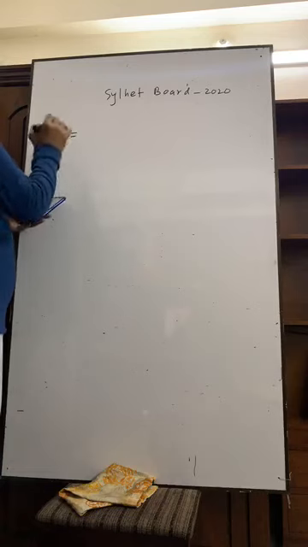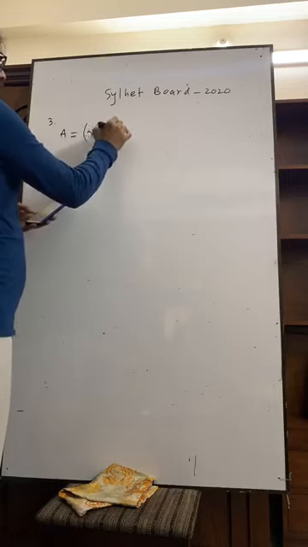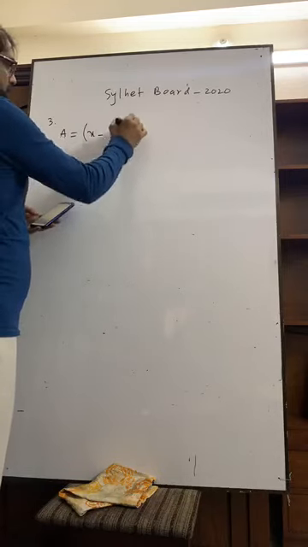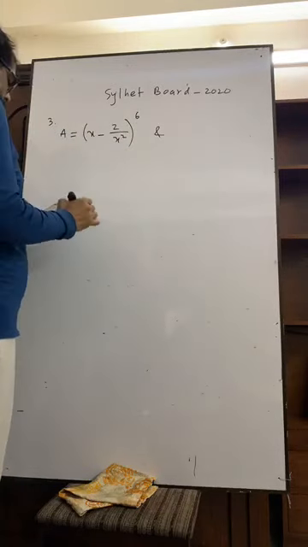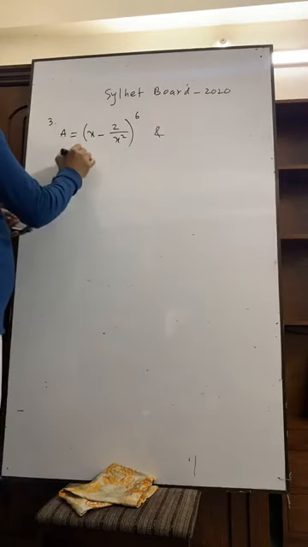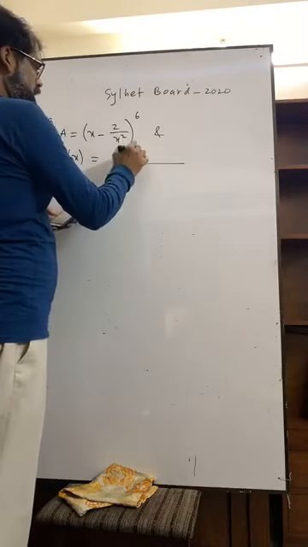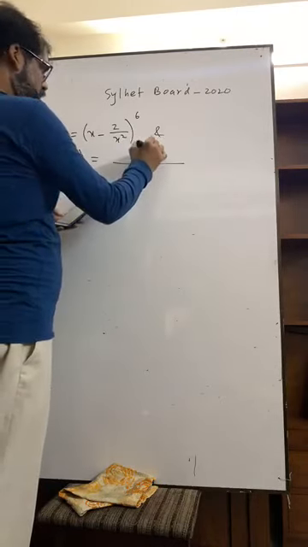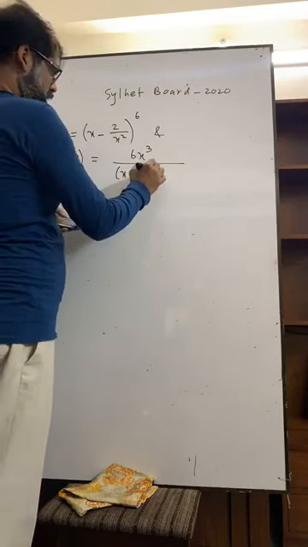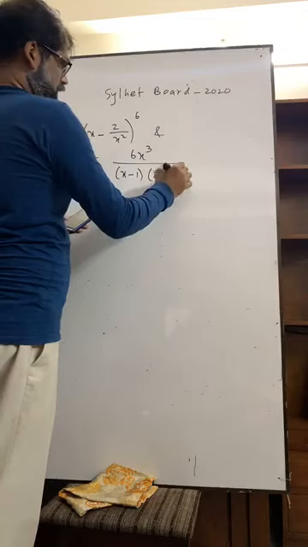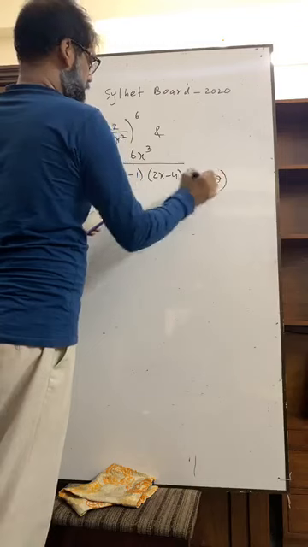A is equal to x minus 2 by x square whole to the power 6, and P(x) is equal to 6x cube over x minus 1, 2x minus 4, 3x minus 9.